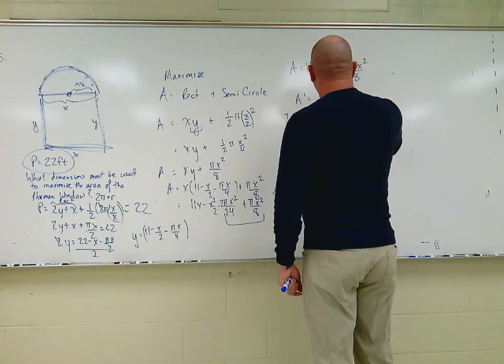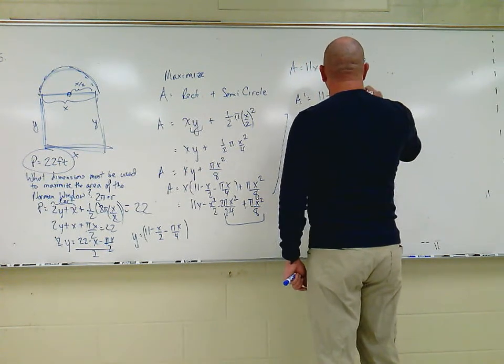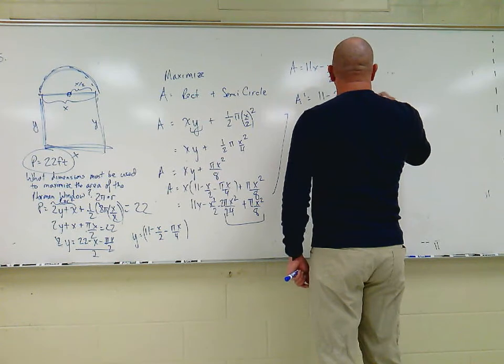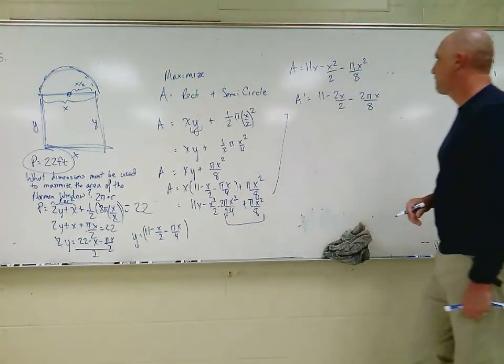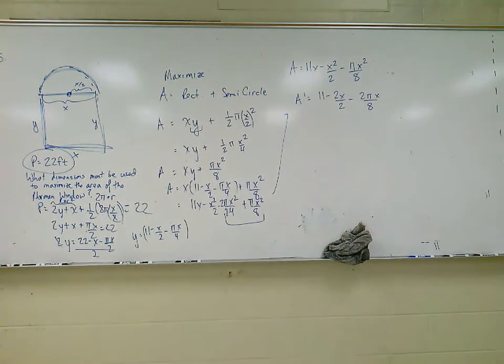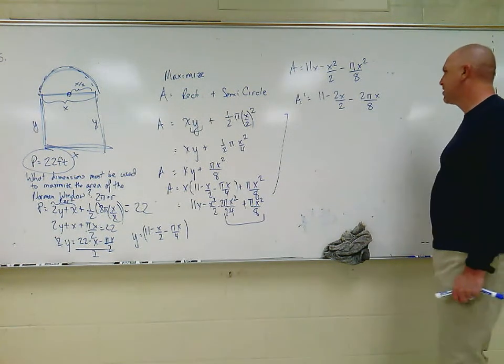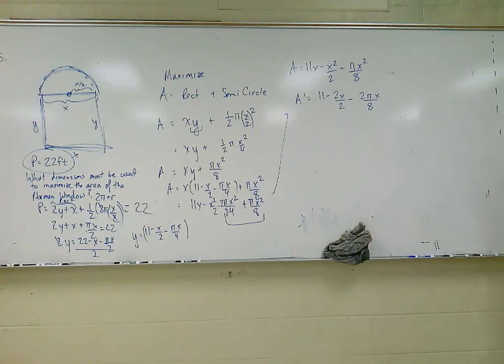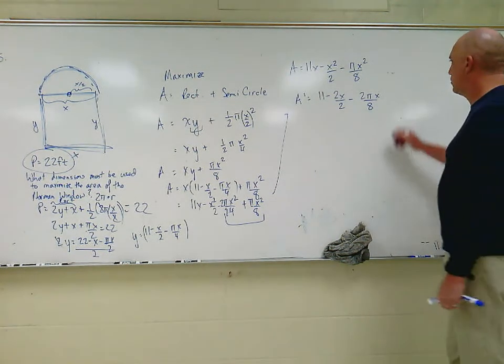It's 11 minus 2x over 2 minus 2 pi x over 8. Okay? And we're going to set that equal to 0.